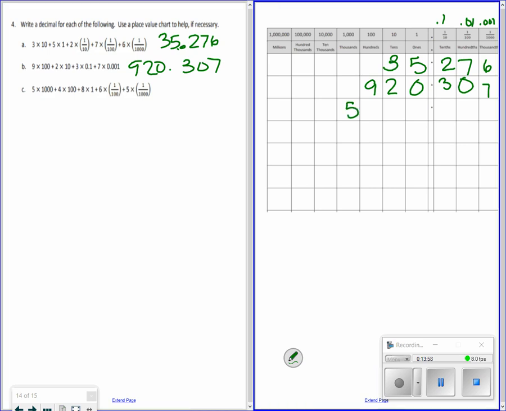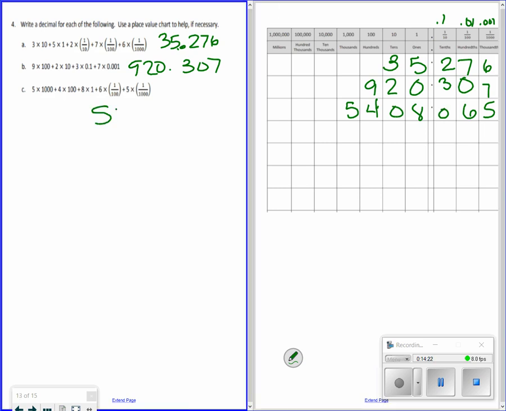5 times 1,000, 4 times 100, 8 times 1, 6 times 1/100, 5 times 1/1000. 5,408 and 65 thousandths.